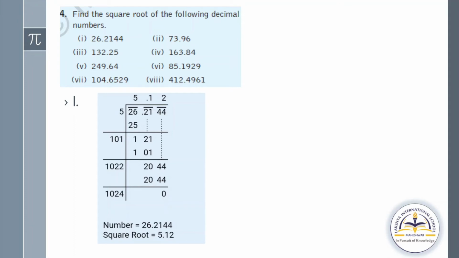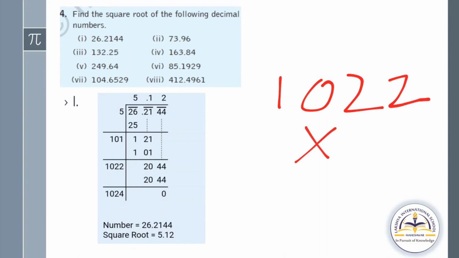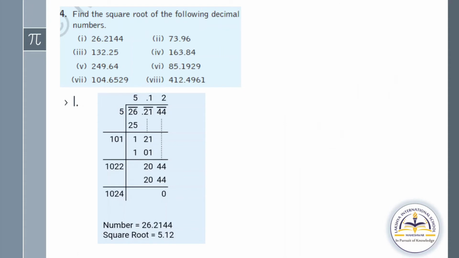Now we have to take 102, and now which number will we take so that we can get 0 as remainder? Then we will take 2. When we take 2, we will get 2044. Okay, so when we subtract 2044 minus 2044, we will get 0 as remainder.